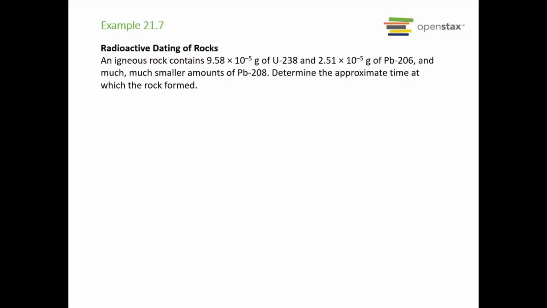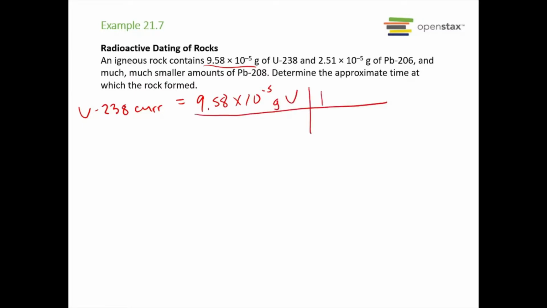So when the rock formed, it had all of the uranium-238 that is currently in it, plus the uranium-238 that underwent decay. So the amount of uranium-238 currently is going to equal this 9.58 times 10 to the -5th grams of uranium, and we're going to go ahead and make this into moles, times 1 mole of uranium per its molar mass of 238 grams.